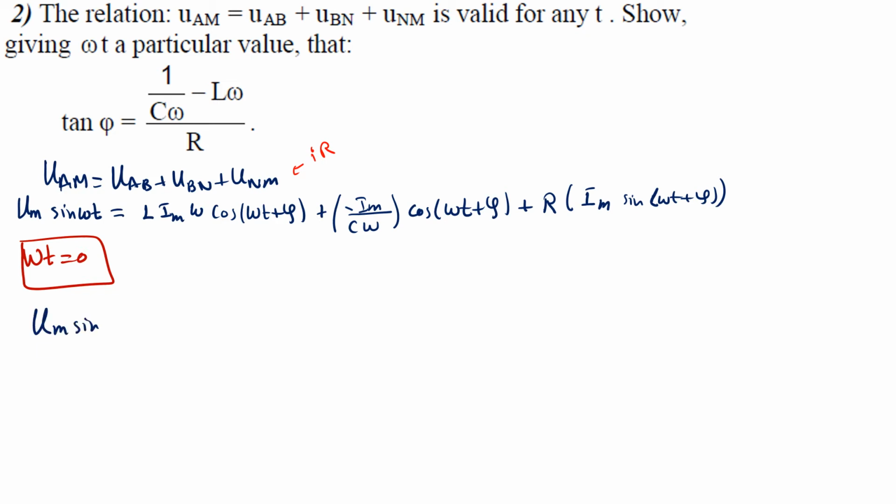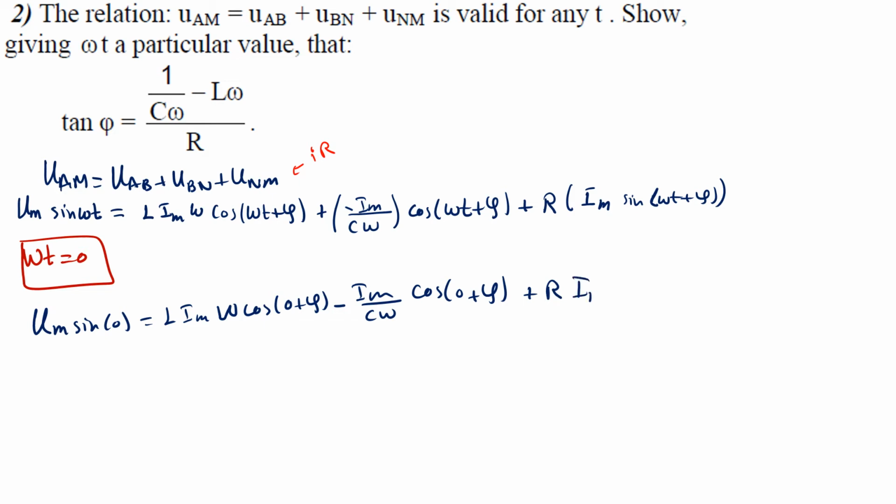Sine of 0 equals L Im omega cosine of 0 plus phi, plus times minus, it becomes negative, Im over C omega cosine of 0 plus phi, plus R Im sine of 0 plus phi.